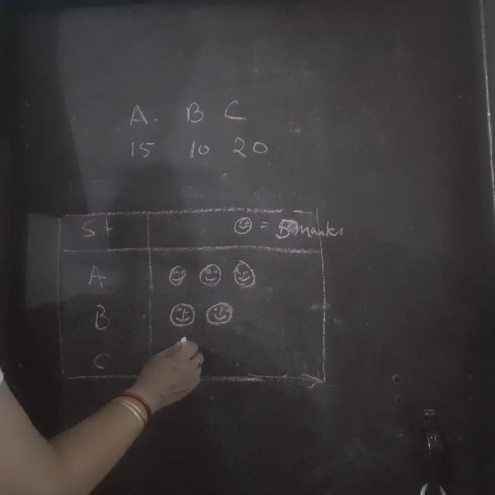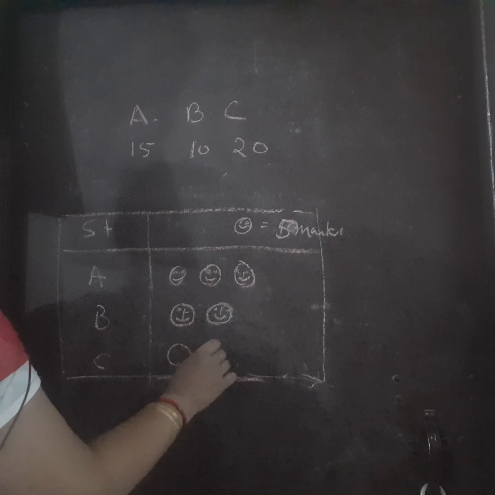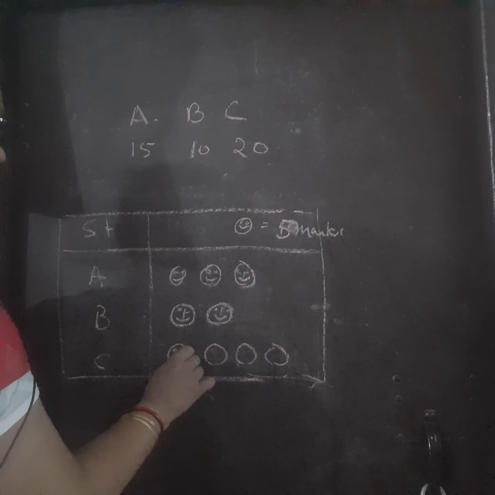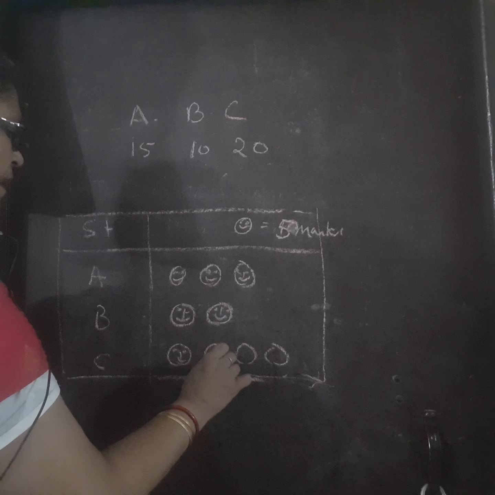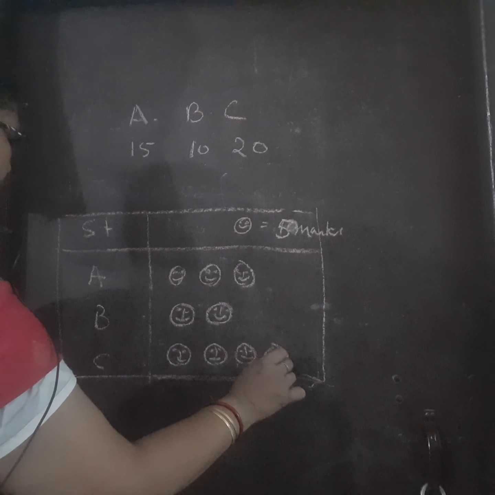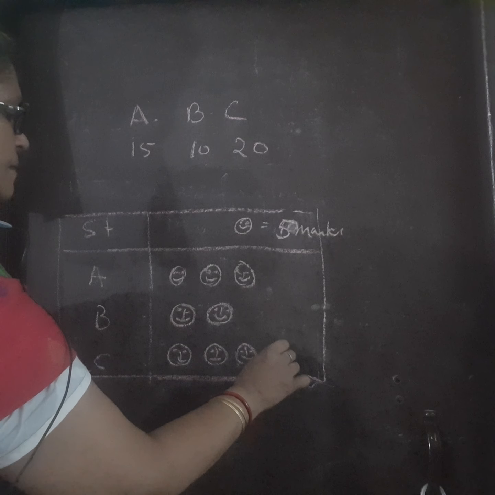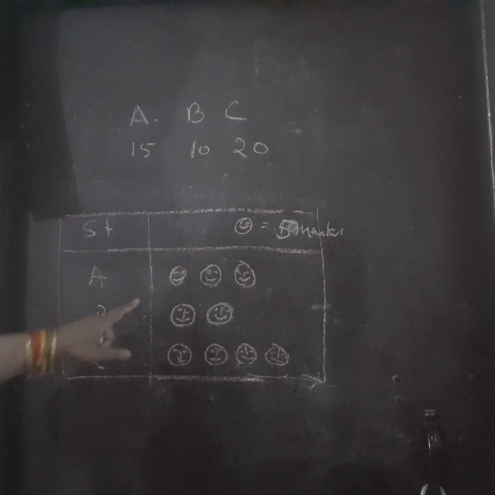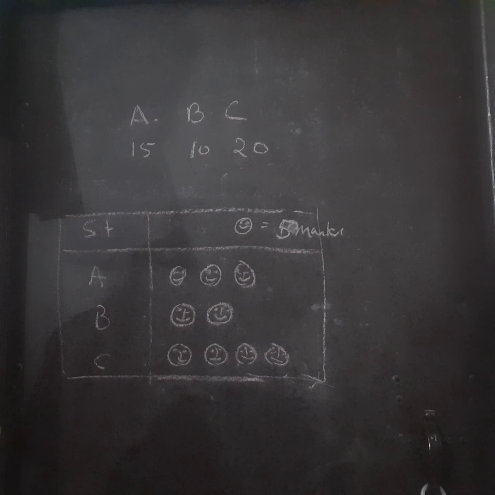C will be represented with 4 circles or 4 pictographs which will show you that C has got 20 marks. So this is pictorial representation of the collected data.